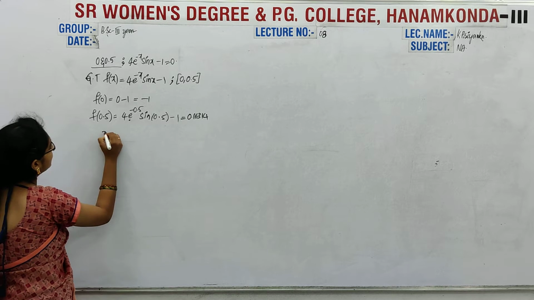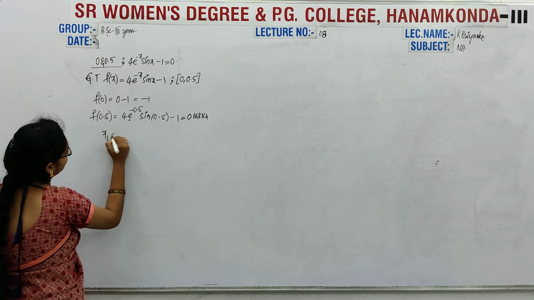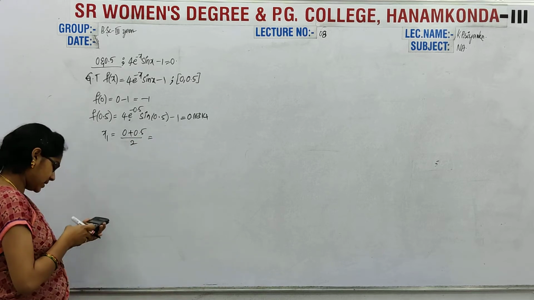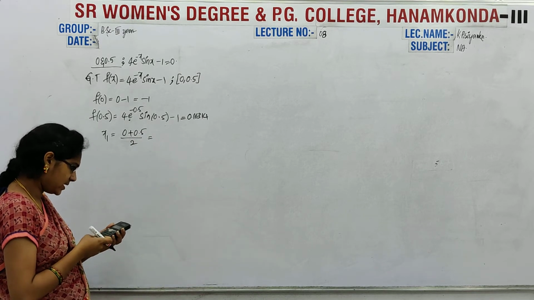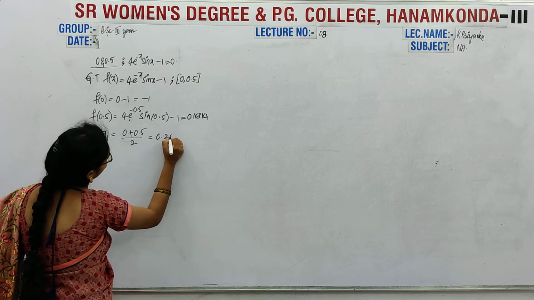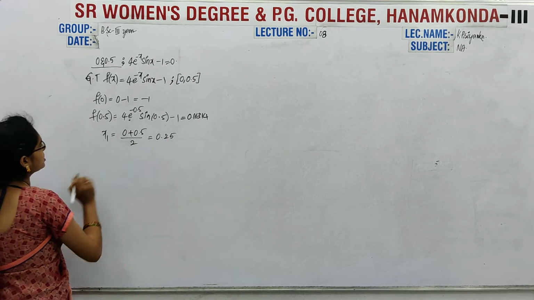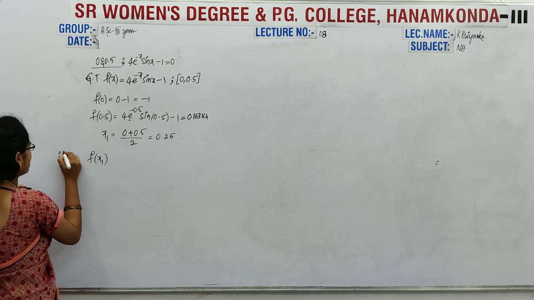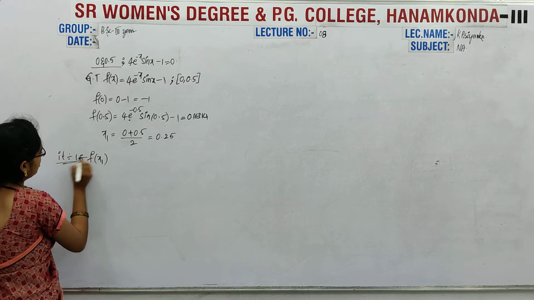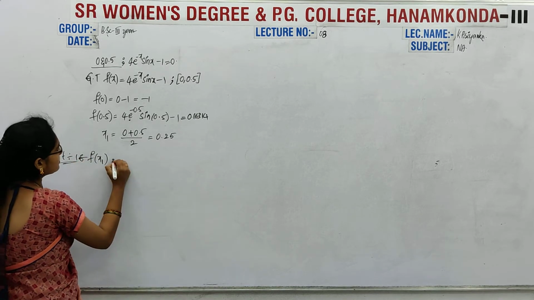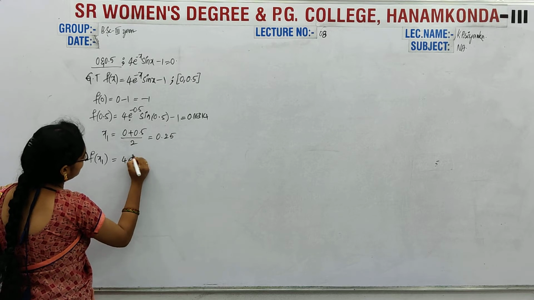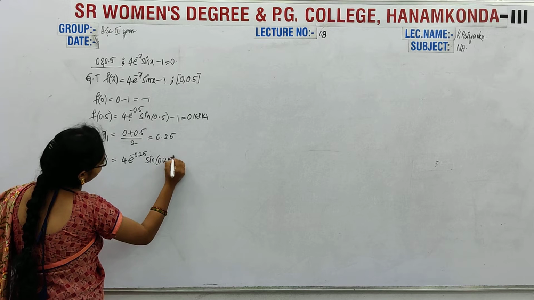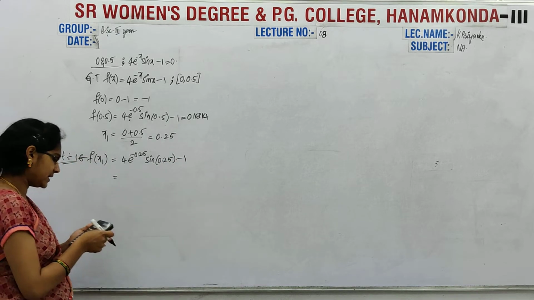Now what we have to calculate, x1, that is (0 + 0.5)/2. Now directly 0.5 divided by 2, 0.25. So this is nothing but the value. Now what we have to do, f(x1), iteration number 1. So f(x1) means 4 into e power minus 0.25 into sine of 0.25 minus 1. Calculate this value directly.